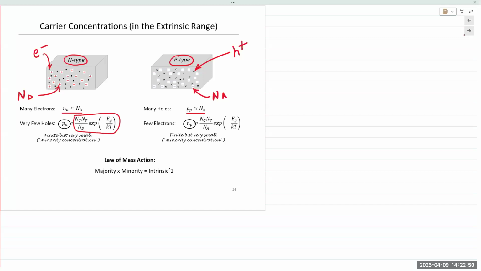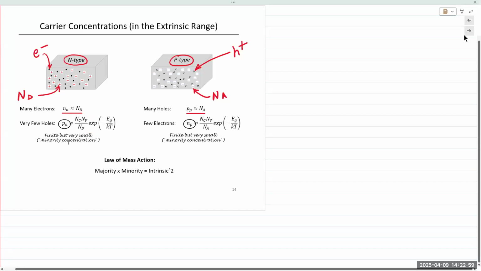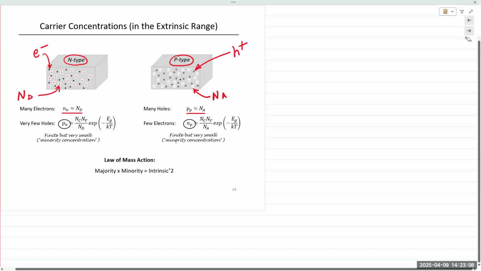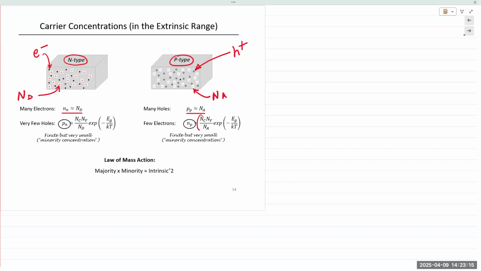Take the previous equation, root of NC and NV, and divide by the total number of electrons, which is basically the number of donor atoms. And on the P side, electrons are far less in number, and so it can approximately be given by the equation divided by the number of acceptor atoms, Na. NC NV over Na, and NC NV over Nd.